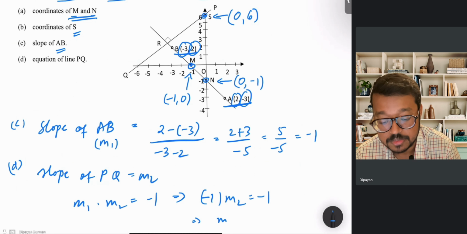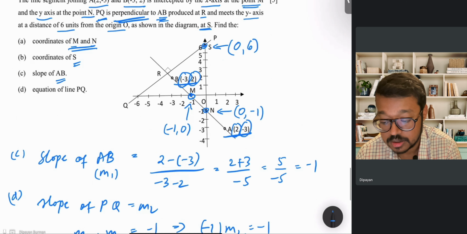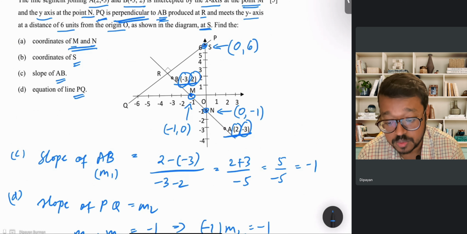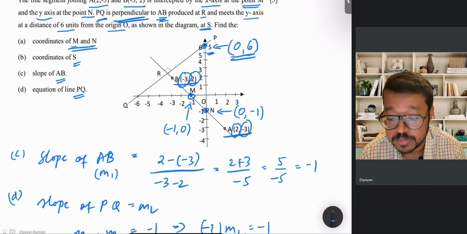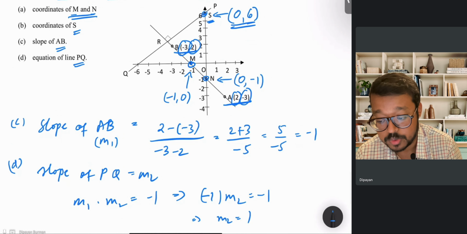That means m2 is 1. The slope of PQ is 1, and the line PQ is passing through point S with coordinates (0, 6).